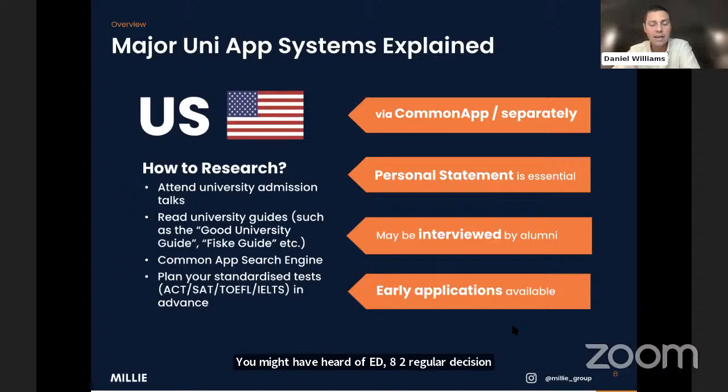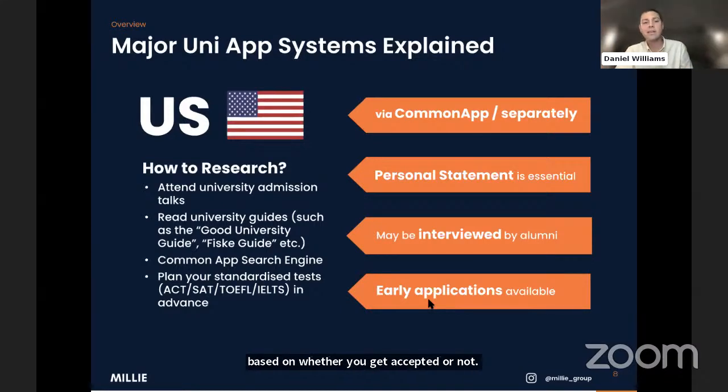But basically, it means that you're allowed to apply early to certain schools for some kind of advantage. If you apply early action, there's not really an admission advantage, but you will get your results back by December 15th. So you apply by November 1, get your results back by December 15th. That's an advantage because you can then strategize where else you apply to based on whether you get accepted or not.